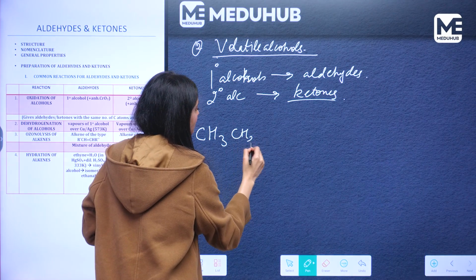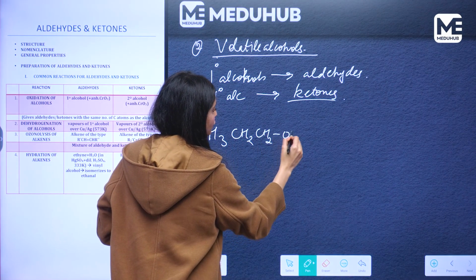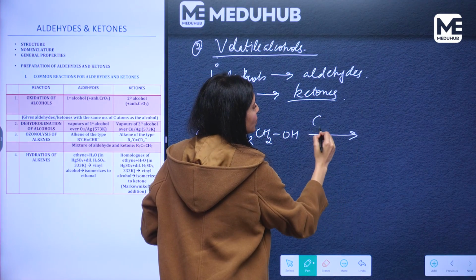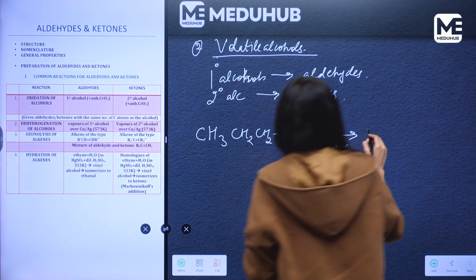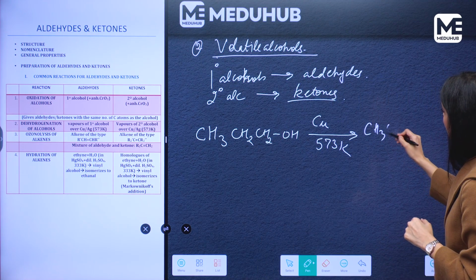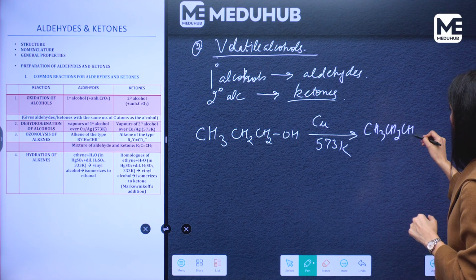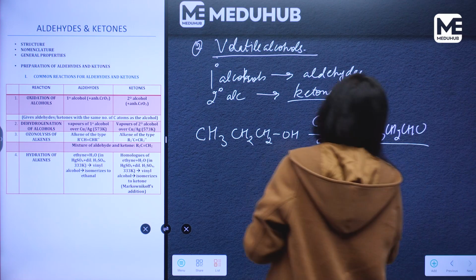CH3CH2CH2OH here, when passed over copper at 573 Kelvin, we will get CH3CH2CHO, propanal.